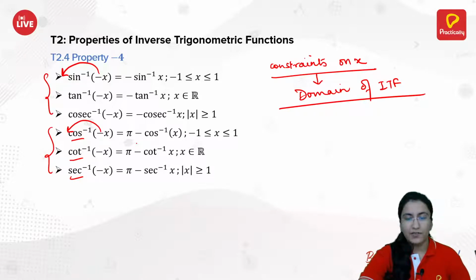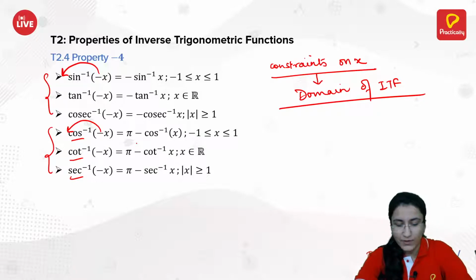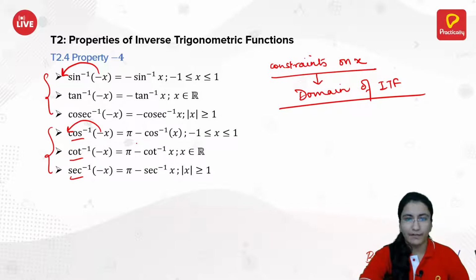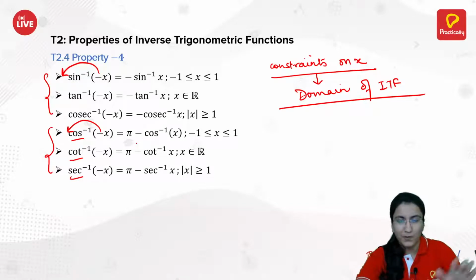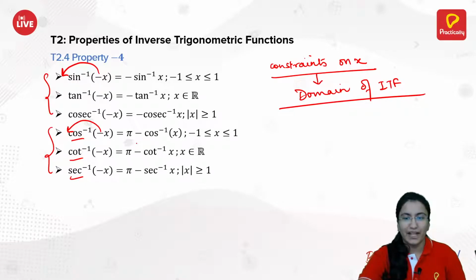Right now inverse trigonometric functions are going on, right? Most of the parts of this chapter are already done. In the next session we will be covering the previous year questions of this chapter. Till then I hope each one of you covers this chapter. I tried my best to give you memory tips for each and every property so that you can remember.